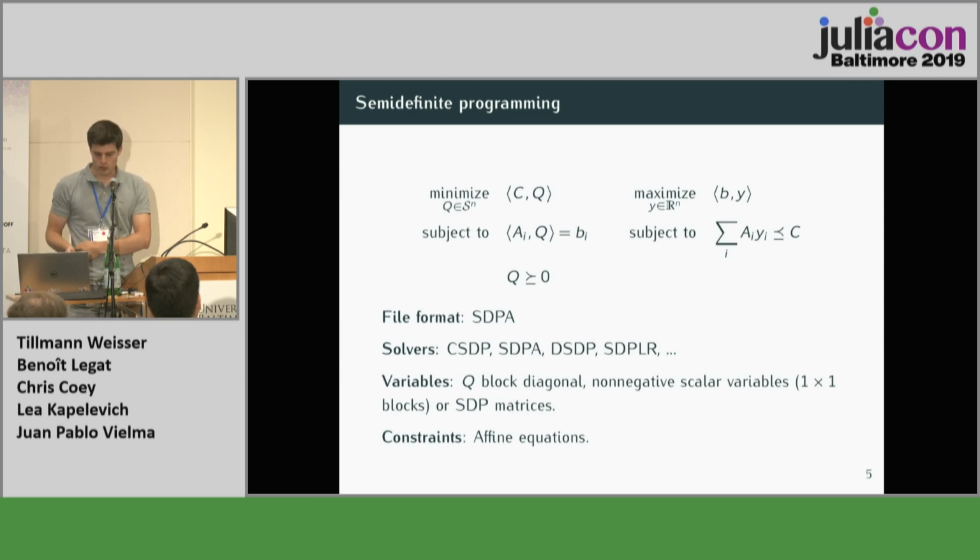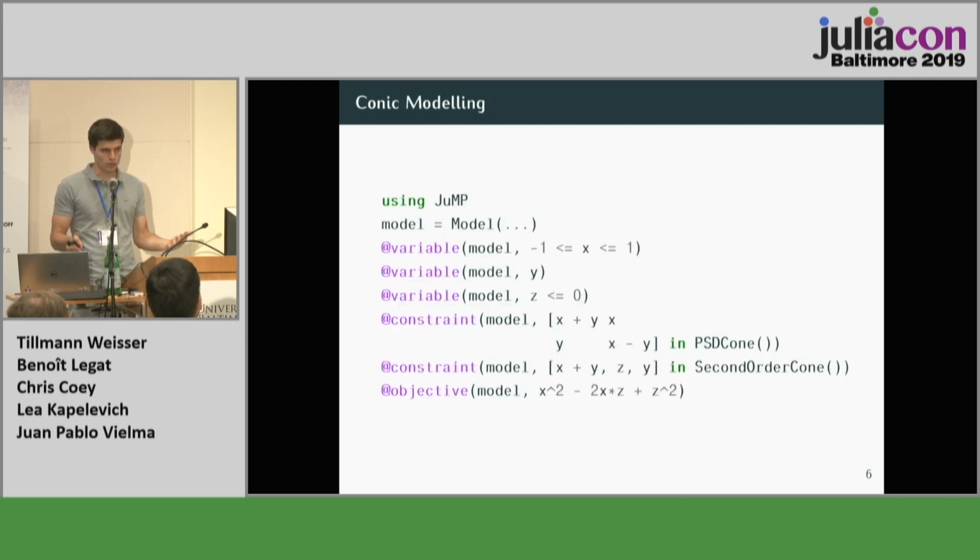So an SDP solver usually only supports non-negative variables, SDP variables, and equality constraints, and that's it, nothing else. But still, you may be able to write a JuMP problem like that. So if you see here, none of the variables are non-negative, none of them are PSD, and none of the constraints are just equality constraints.